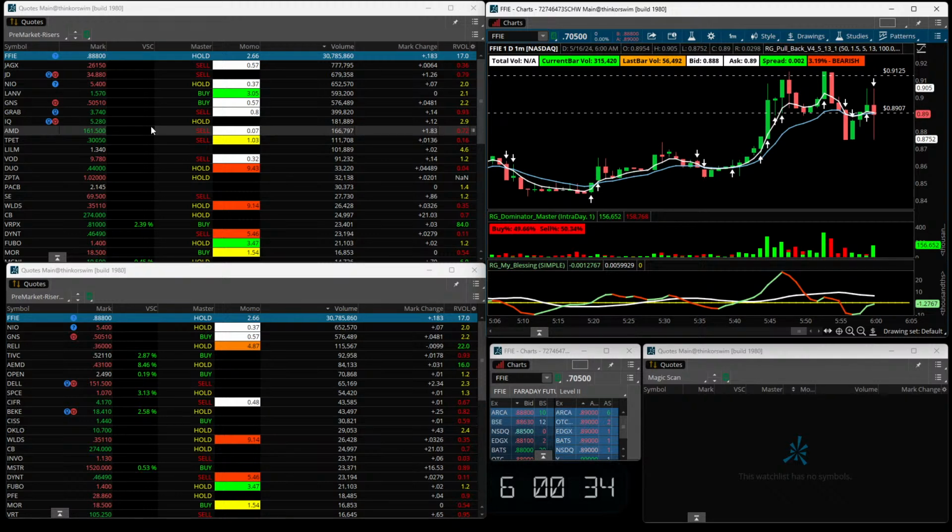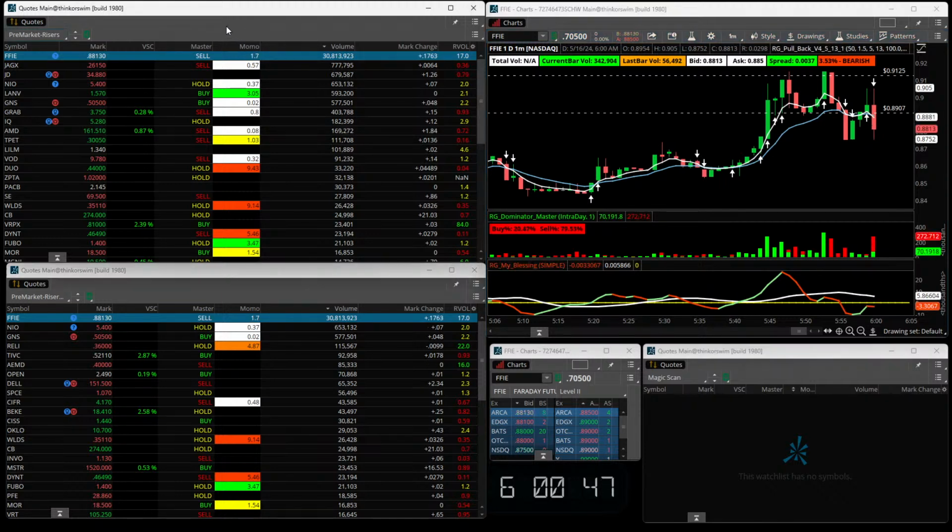Not looking like very many buyers are interested in this stock. I didn't buy it yesterday either when it was moving around. Not seeing much of anything else moving currently.